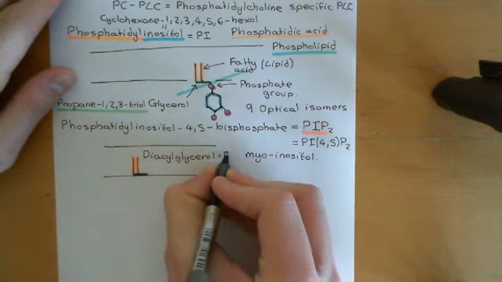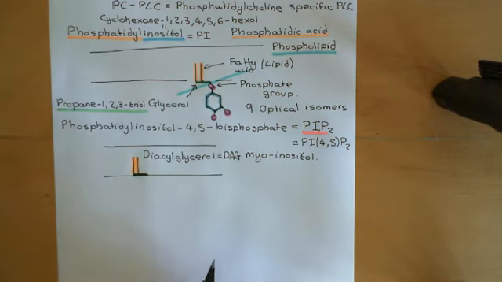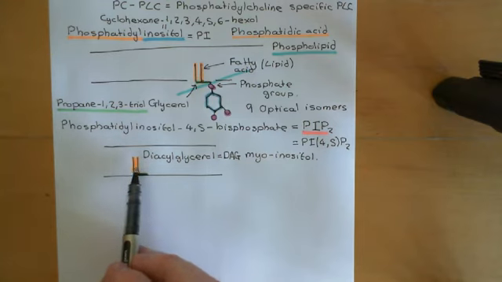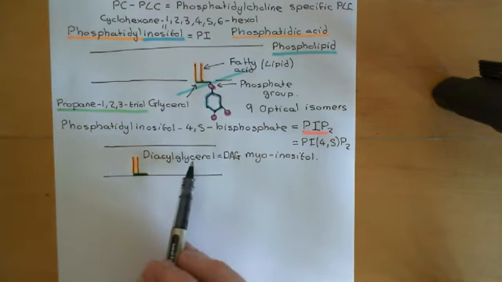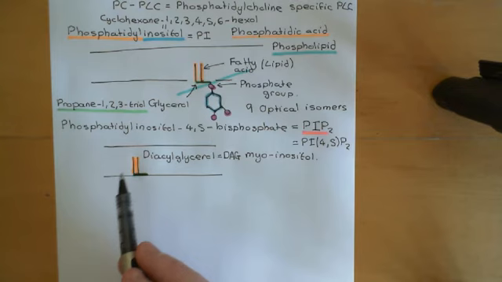D for di, A for acyl, G for glycerol. It's called that simply because it has the acyl groups of 2 long-chain carboxylic acids attached to the glycerol molecule, so it is a diacyl glycerol. So that's one of the products of this cleavage by the phosphoinositide-specific phospholipase C enzyme.